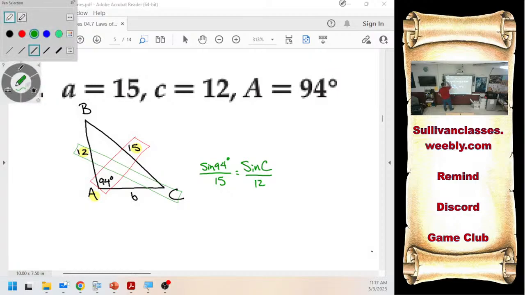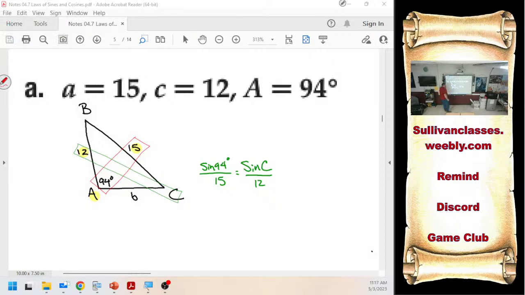Cross multiply, solve. Oh, the trick doesn't work now because I'm not finding a side anymore. Multiply the two that line up. Divide by the one that doesn't. We have 12 sine of 94 over 15. Plug it in. Make sure you're in degrees. What do you get?